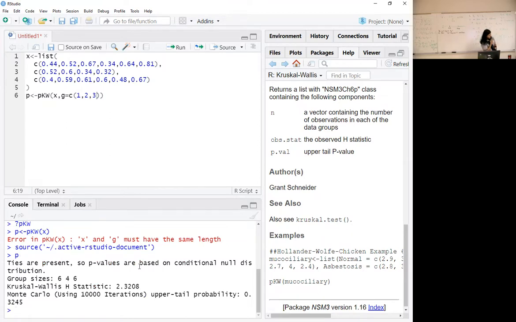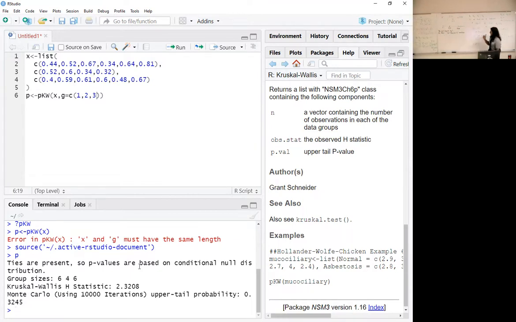And you can see that it is giving us the value of 2.32. They didn't do the adjustment. The reason being, oftentimes beyond a certain value of n, the adjustment is not a big deal at all. It's not going to change your conclusion.